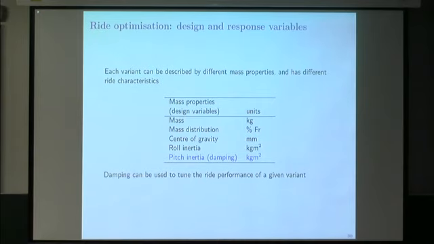We use the 5th design variable, the damping, as a tuning parameter, where we are going to tune the performance of the car, and so we are going to accept the ride characteristics.